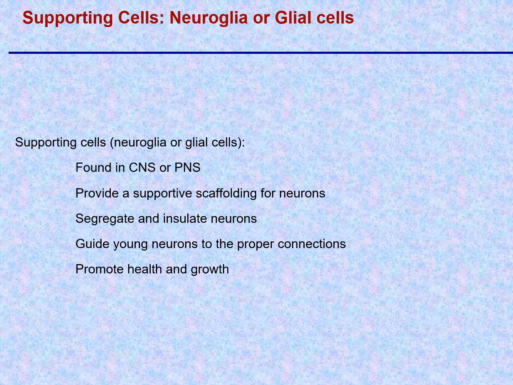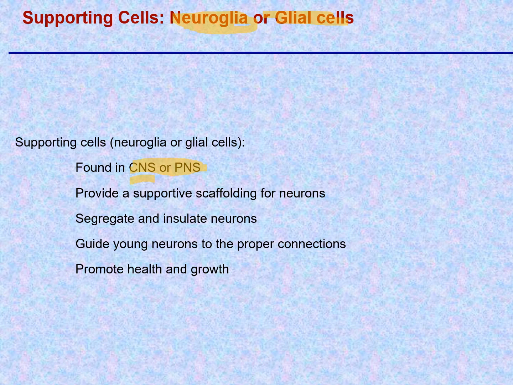All right, so supporting cells are called neuroglia in general, or glial cells. They have two names, so either one's good. They are found in the central nervous system or in the peripheral nervous system. Remember, the central nervous system is made up of the brain and the spinal cord. The peripheral nervous system is the nerves that go in and out of the central nervous system, either the brain or the spinal cord.